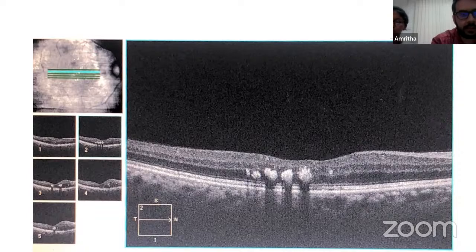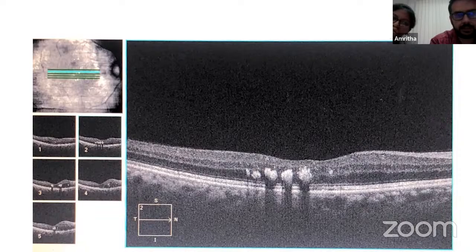In case of numerous hyperreflective foci, we can think that the pathogenesis is more inflammatory in origin and can try steroid implants or steroid injections in that patient, targeting the pathogenesis of the edema. And hard exudates have to be differentiated from these.